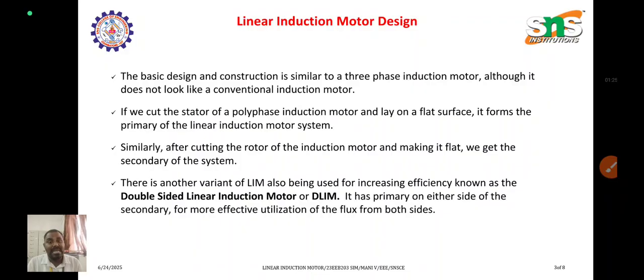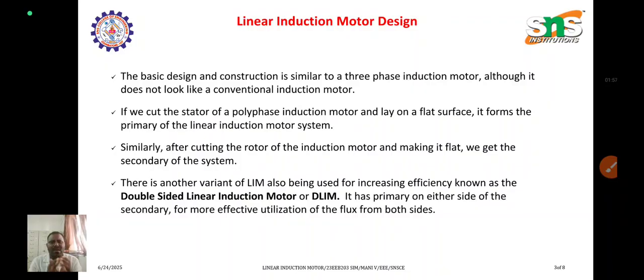But here the stator is called the primary and the rotor is called the secondary, which is similar to transformer operation. Here we have the cylindrical stator. We cut the cylindrical part and it is taken into a flat surface. This flat surface is called the primary.